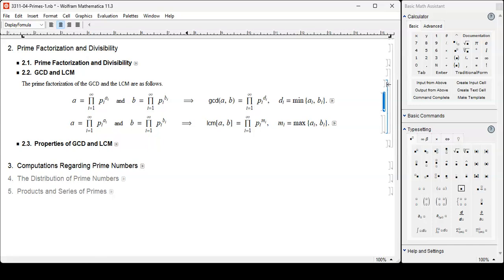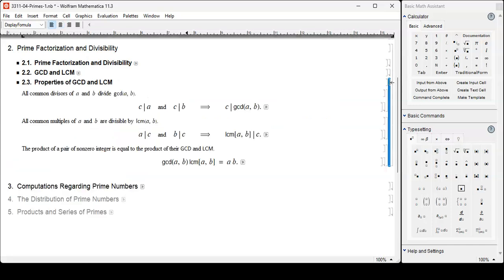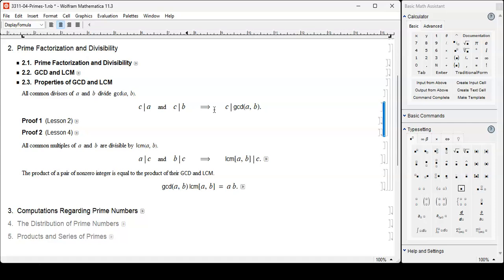All right, let's conclude this section with one more set of properties of GCD and LCM, which we already know actually. Whenever we have a common divisor, the common divisor divides the GCD.